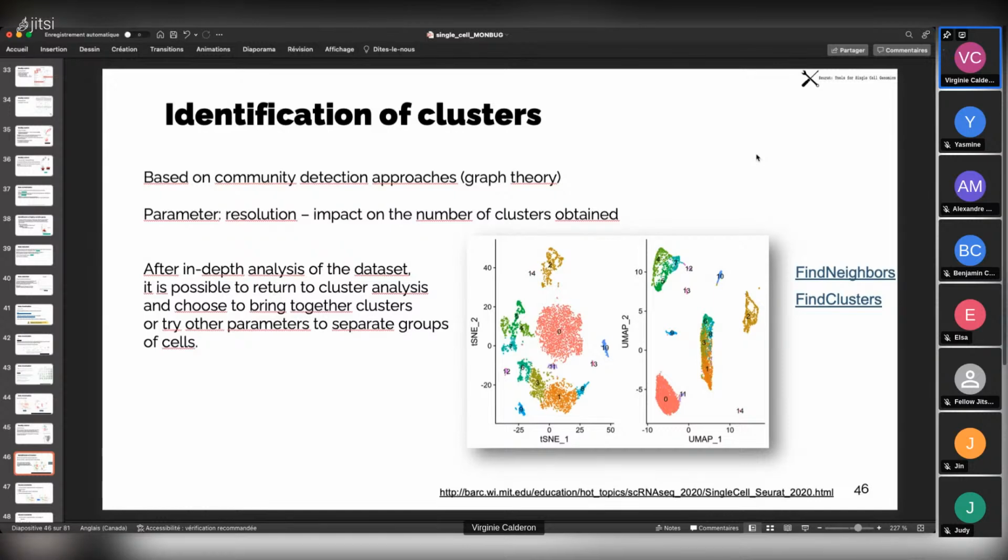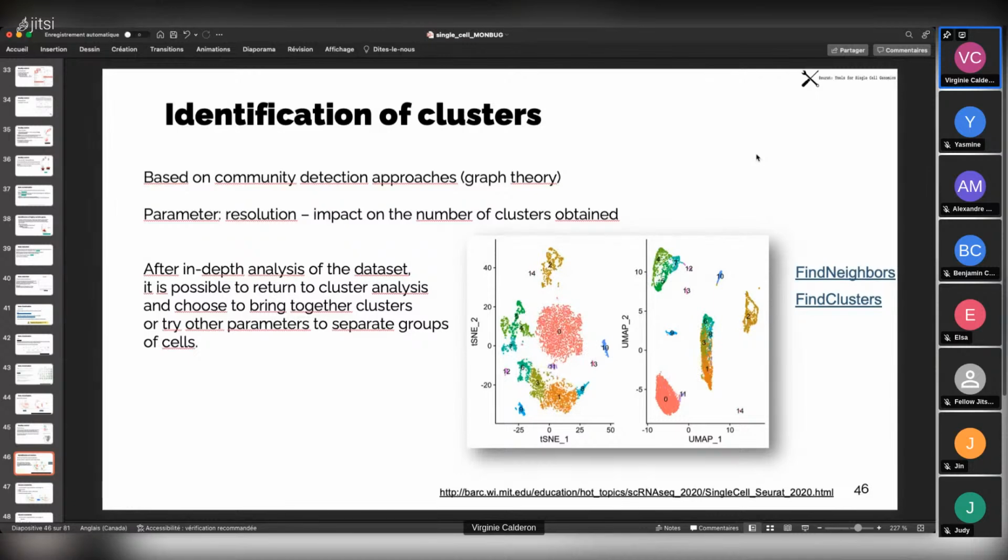So maybe after the first clustering and after an in-depth analysis of the datasets, you will return to the cluster analysis and maybe choose to bring together clusters or try other parameters to separate groups of cells, because you know that based on the markers, these cells should be separated, for example.